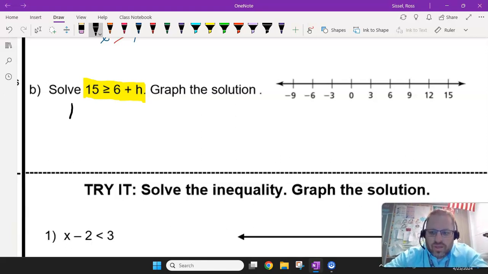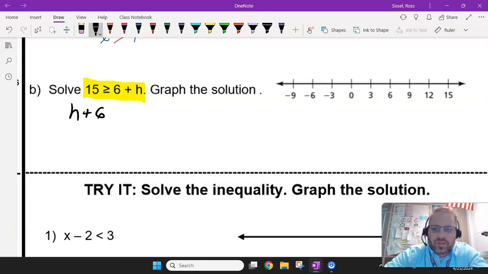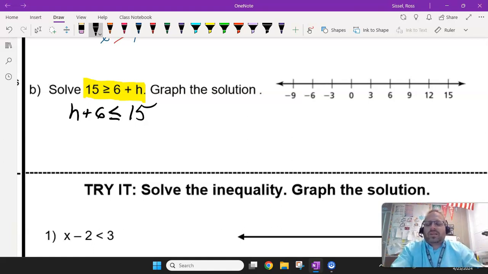I'm going to start with h, we're still doing addition of 6, and my inequality has to flip, then 15. Once again, the only reason I did this is because I like having my variable on the left side. It's easier when I read. So make sure if you do that, you flip your inequality.